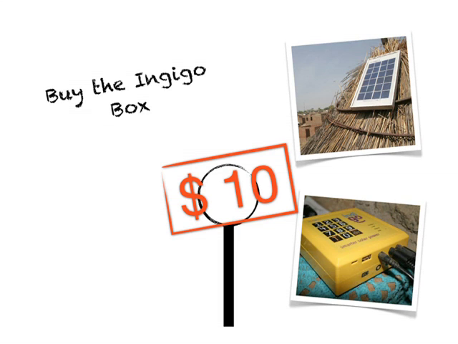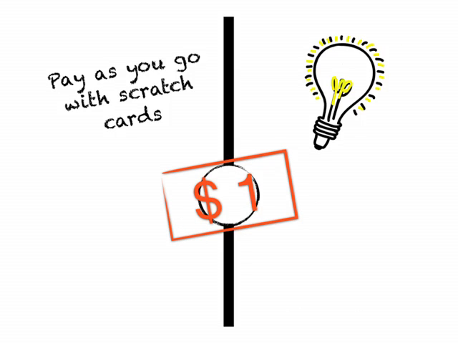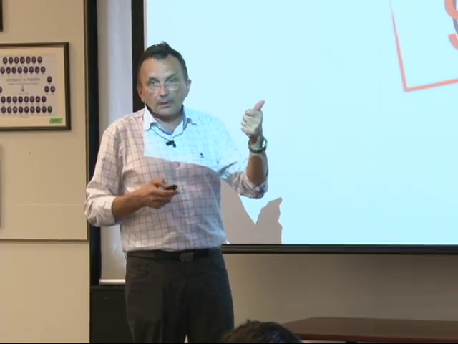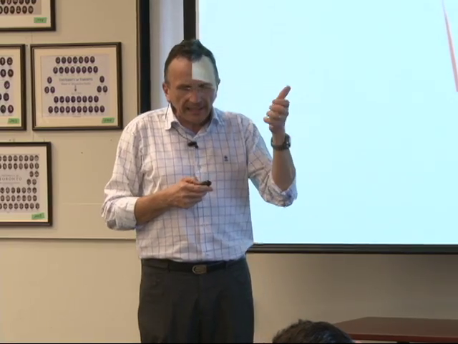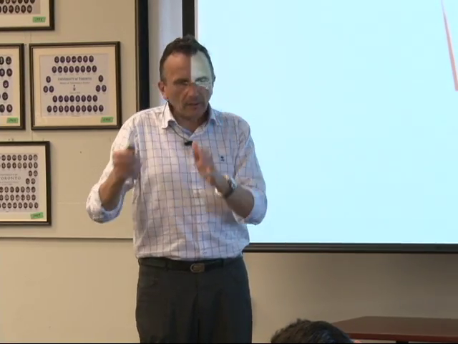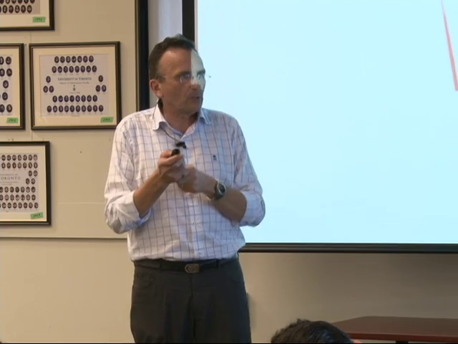So you invest first $10, corresponding to your budget for 1 month. Then, if you want to have electricity inside your house, you buy a scratch card, you scratch the number, you punch the number on this device, and you have the electricity for one LED lamp, and one charging of a phone.